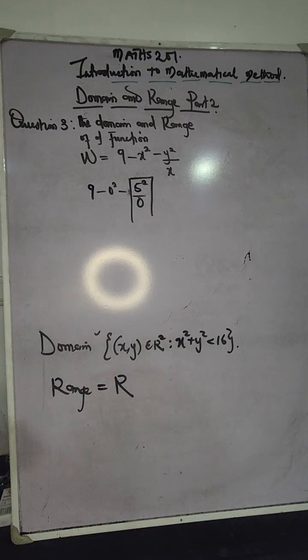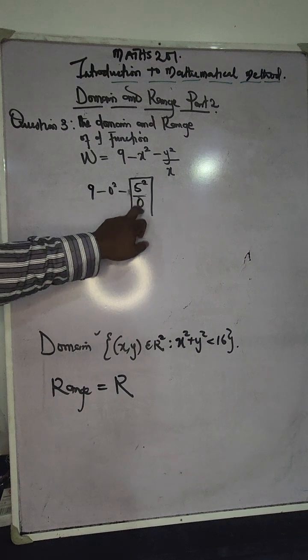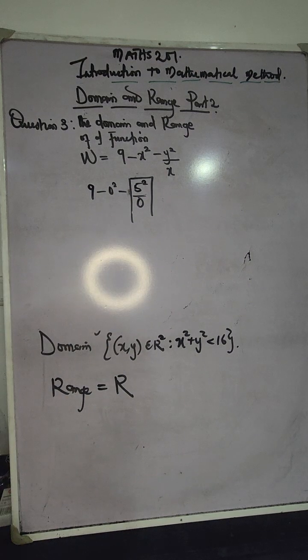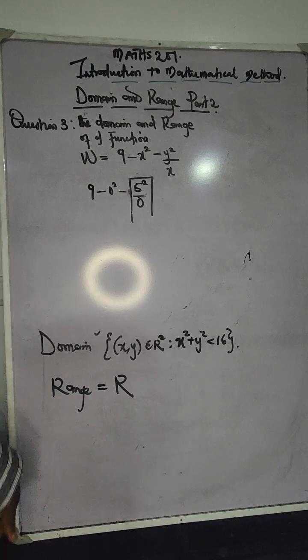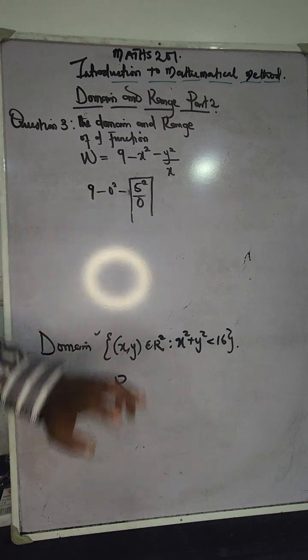5 squared minus 0, for example. This is a problem, right? No number sits on 0. When you divide 25 by 0, you're going to have a maths error, and so we are avoiding the error.